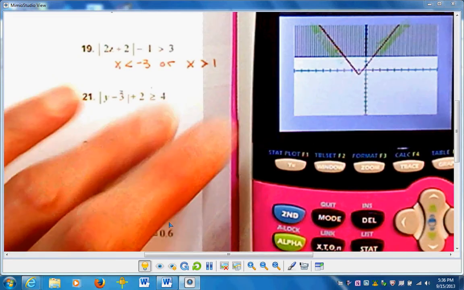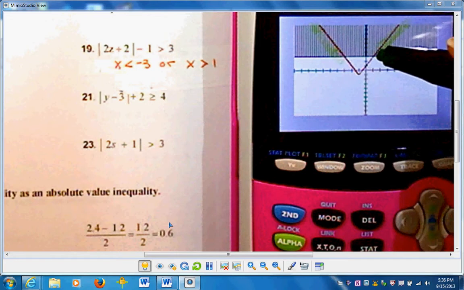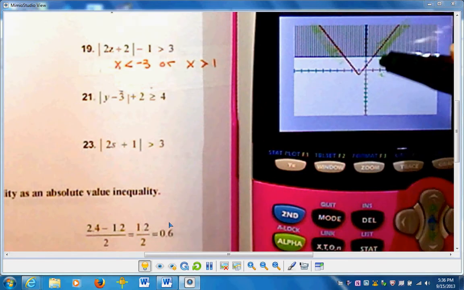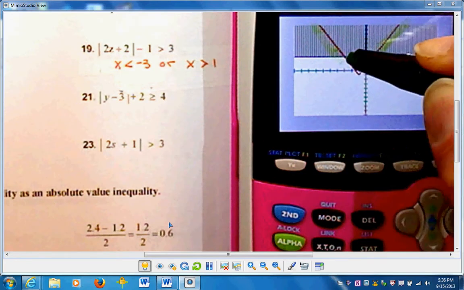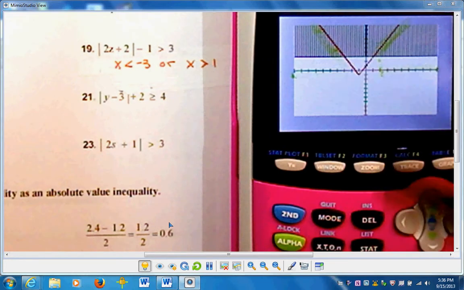It's in the shaded region, yes? So that means I want everything, my value of x from here out, and my absolute value from x from here out, because I'm looking for my x values.